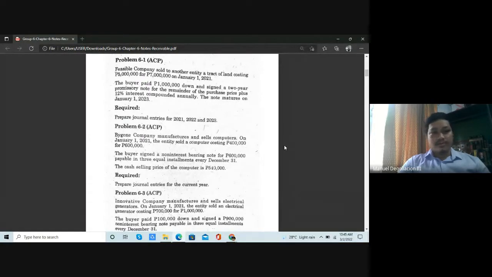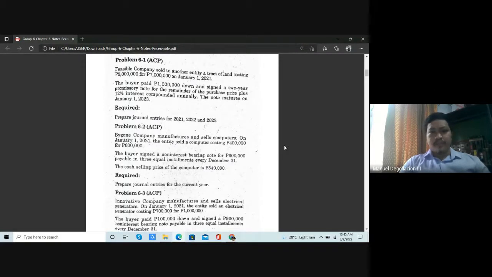Unlike your accounts receivable, normally it is established through the continuing relationship between the entity and its customers. But in your notes receivable, your right to collect money is actually represented or evidenced by a document.